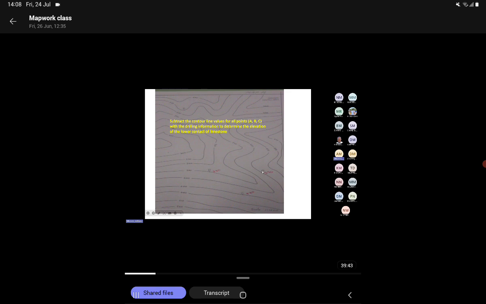They only found it 60 meters down, which means the true elevation is 390 for limestone. From point B, it's the same thing, 60 meters down, so I would get 330. From point C, it would be minus 30, giving me 420.